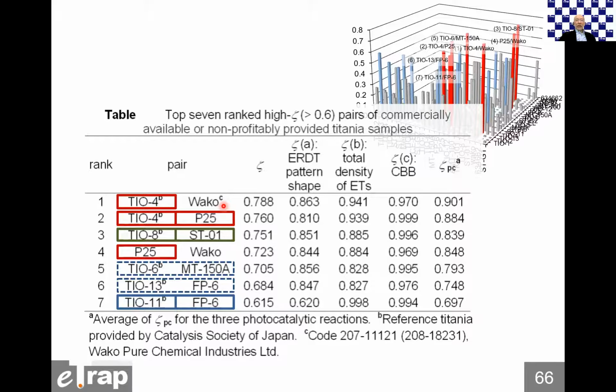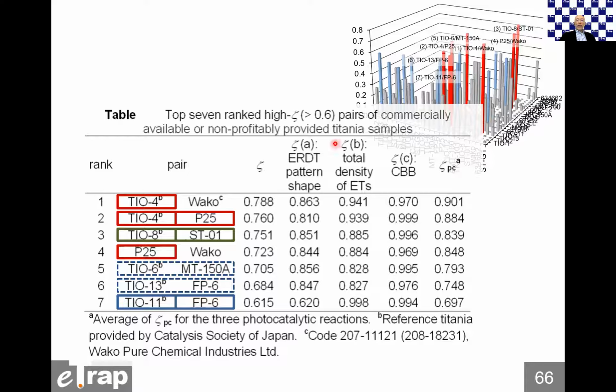But the important point is that TiO4 and WACO show very similar photocatalytic activity. This value is the average of 3 photocatalytic reactions. So 1 means the same, 0 means completely different.